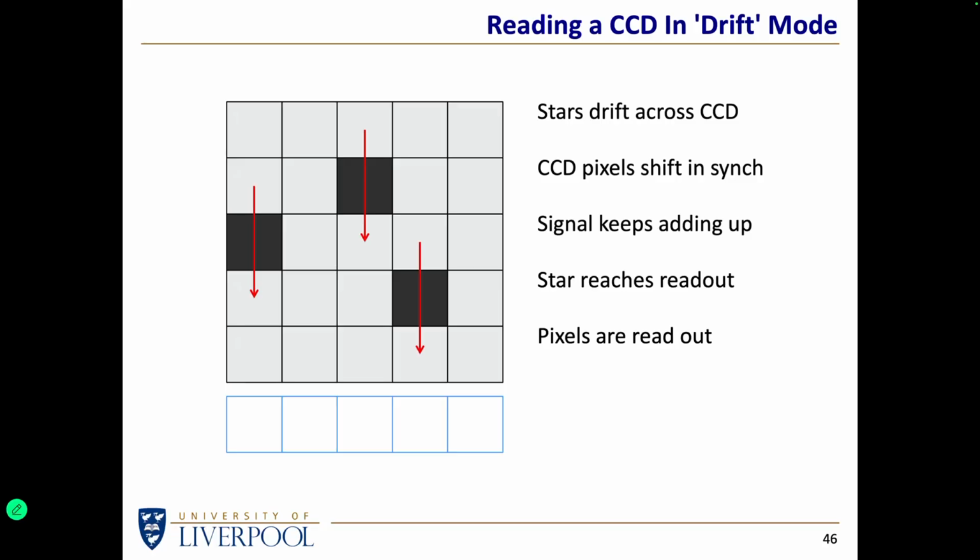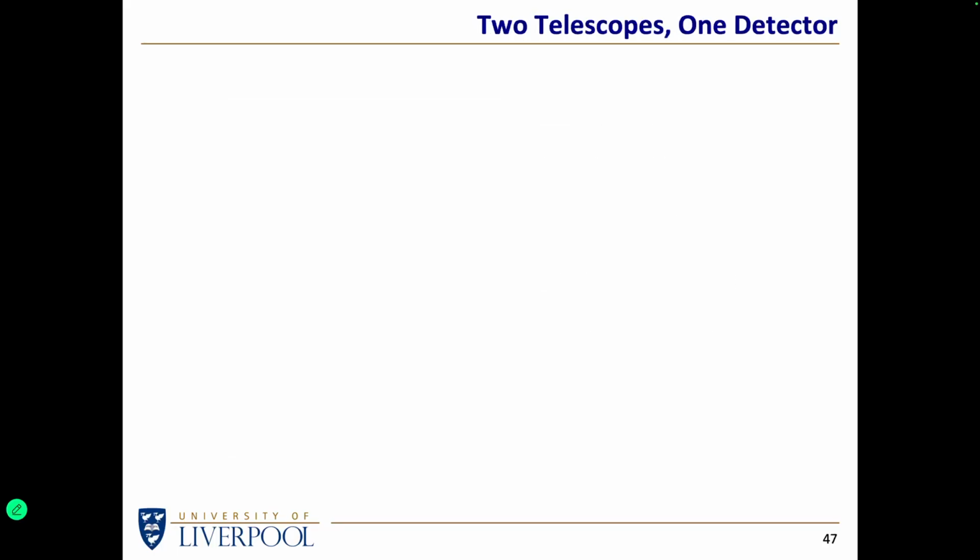The CCD array will have huge numbers of stars, all of which are drifting down the CCD, and the CCDs are continuously shifting and continuously reading out. And the data that Gaia produces in terms of raw data is the time it takes for a star to reach a particular point in the CCD. It doesn't acquire the image as such.